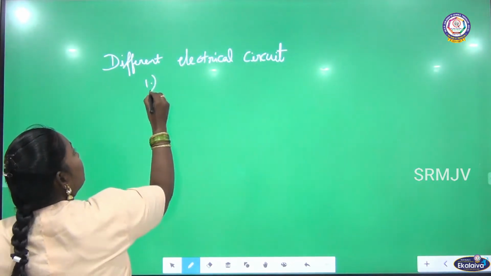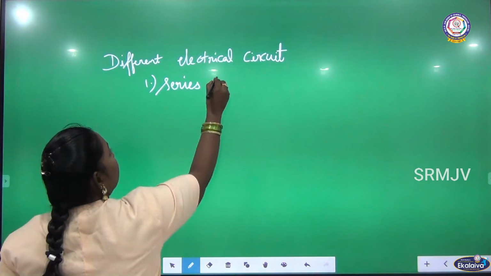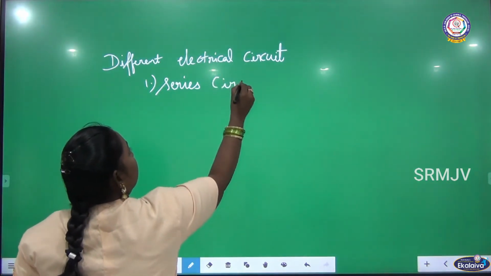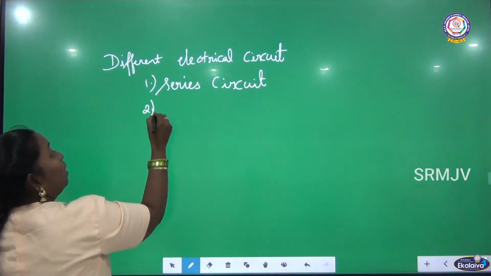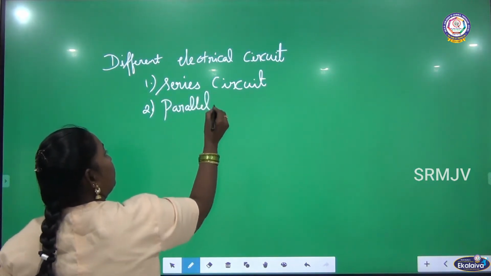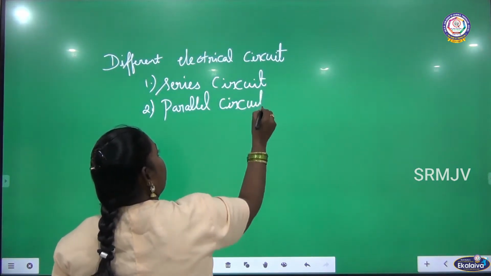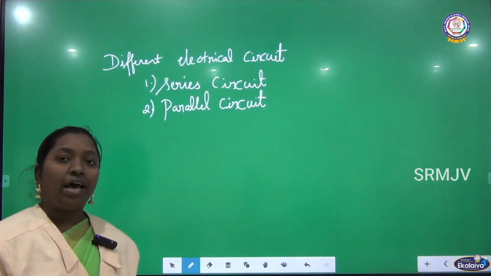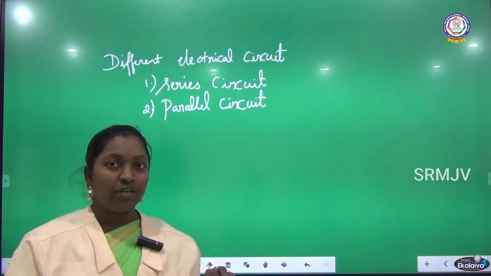One is the series circuit, and the next one is the parallel circuit. Series circuit and parallel circuit. These two different electrical circuits we are going to learn one by one.